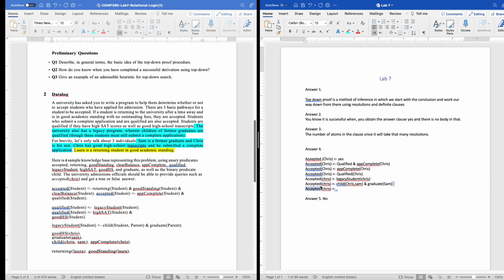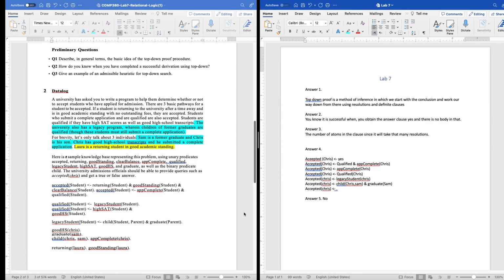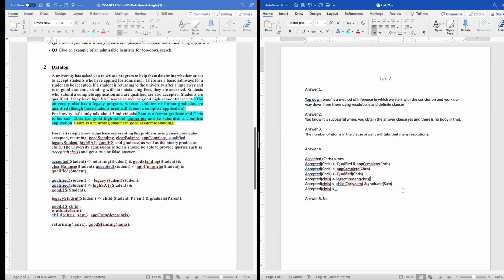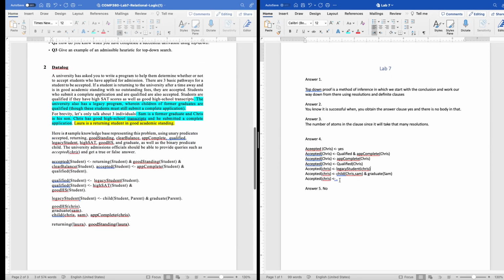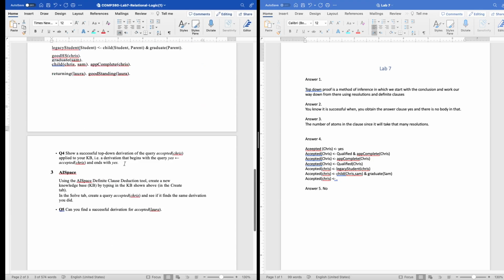So yes, he is a legacy student, so that makes him qualified as well as the application is complete. So if the student is qualified and the application is complete, that means that he is accepted. So that gives us the answer that Chris is accepted.